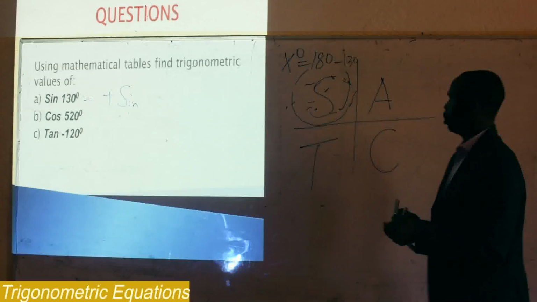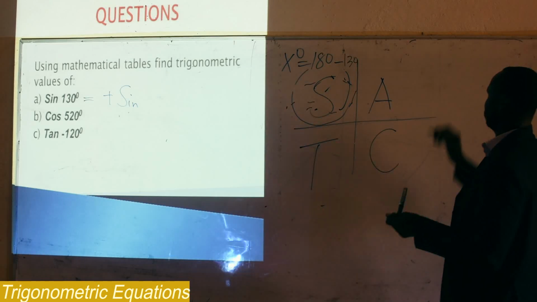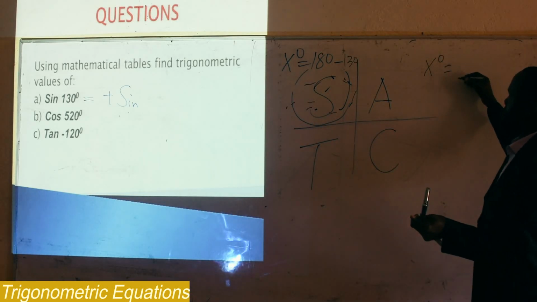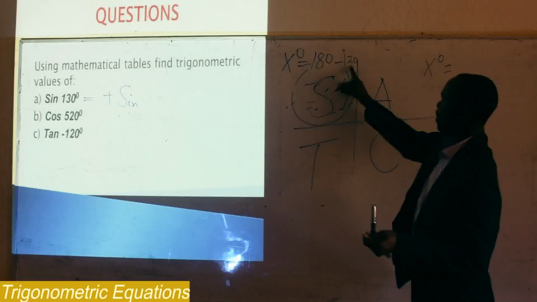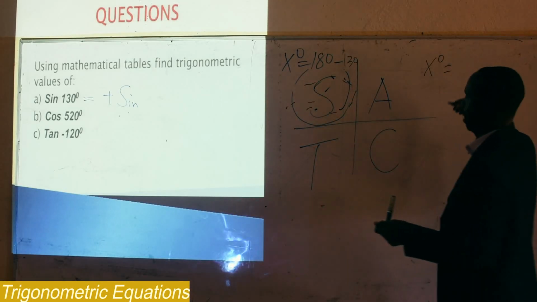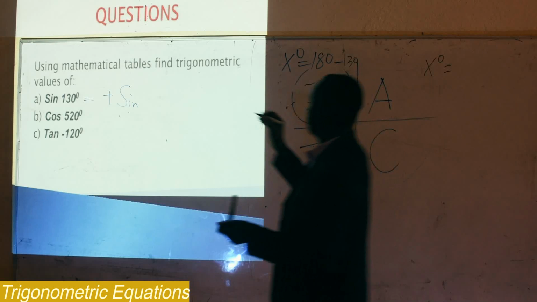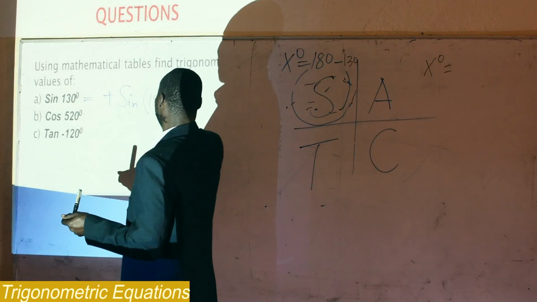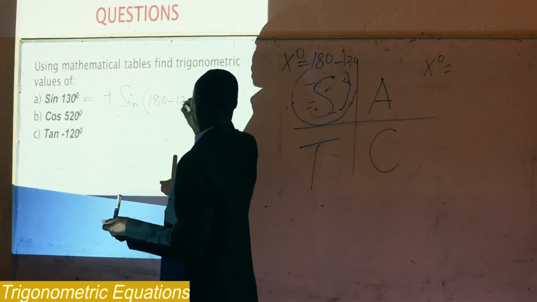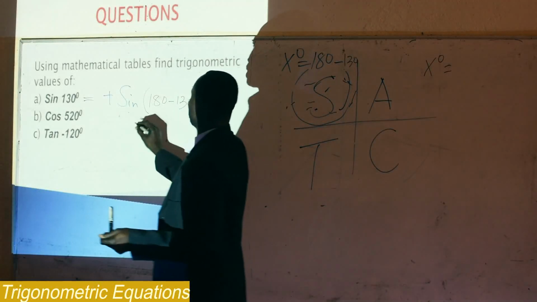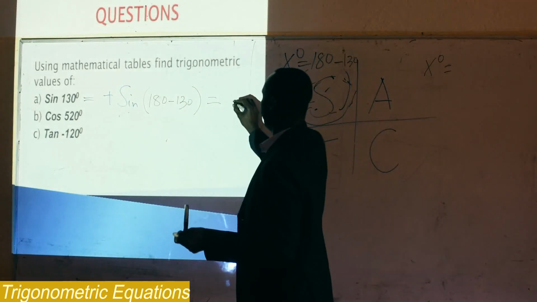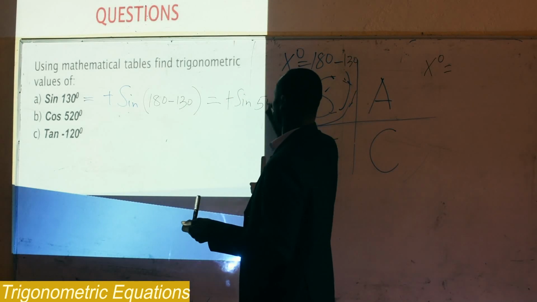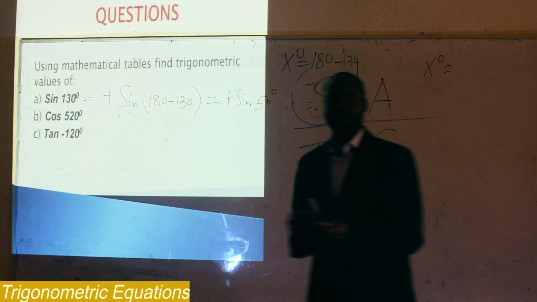So x degrees equals 180 minus 130, that means 50 degrees. So this is in brackets like this, 180 minus 130. So the answer here equals positive sin 50 degrees, which you can read from your math tables.